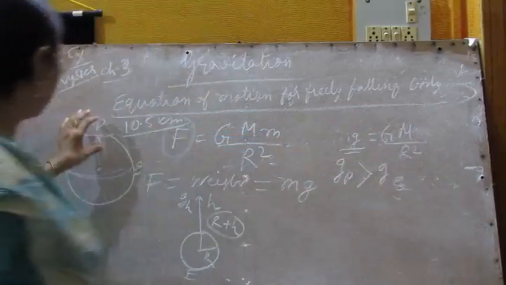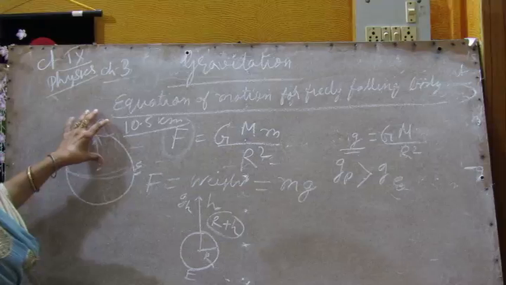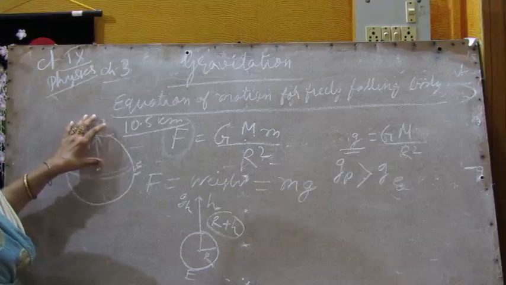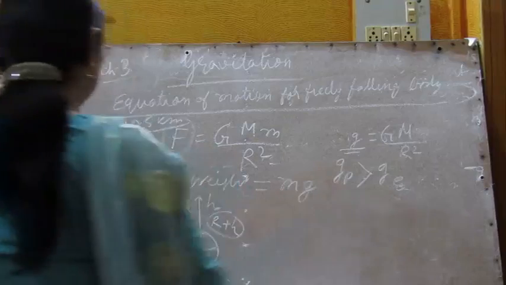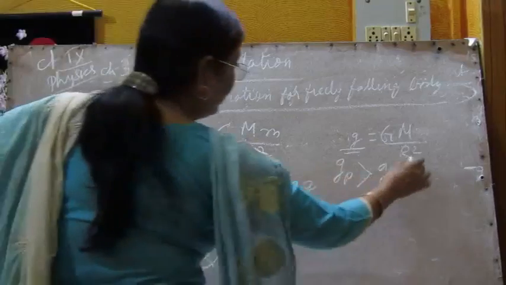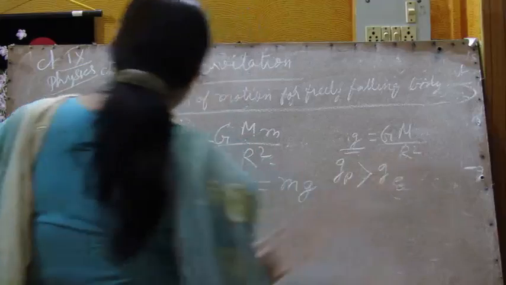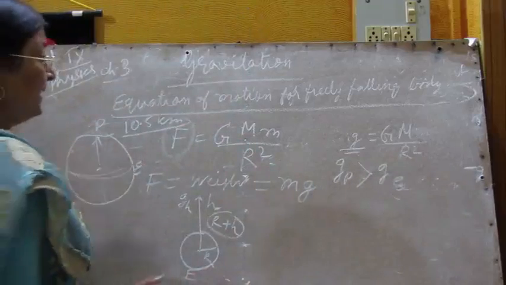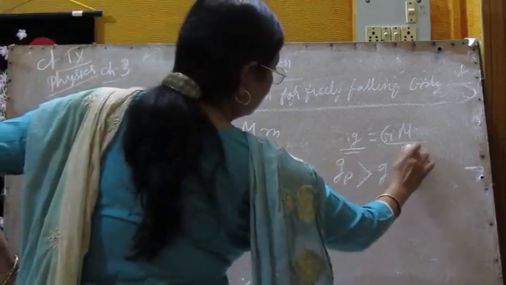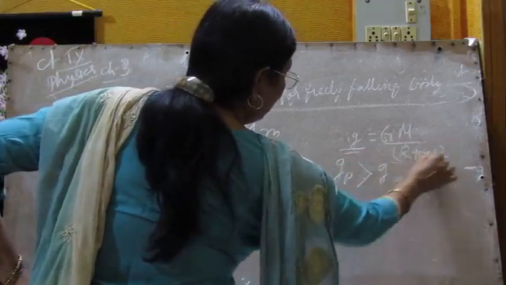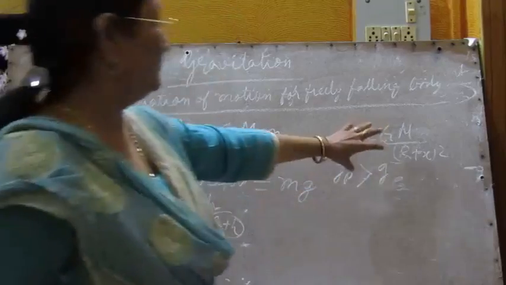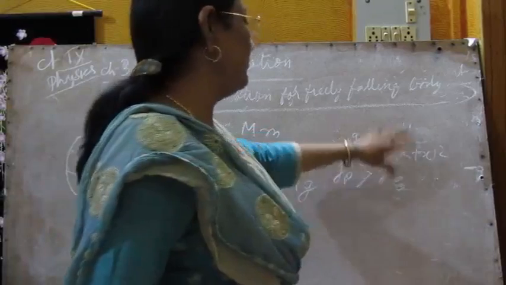That's why the acceleration due to gravity at the pole is much greater than at the equator. At the equator the radius is larger, and if it increases, suppose plus x, then it will be more. So the acceleration due to gravity at the equator will be less.